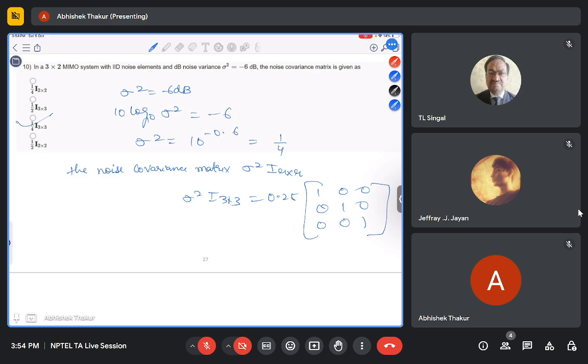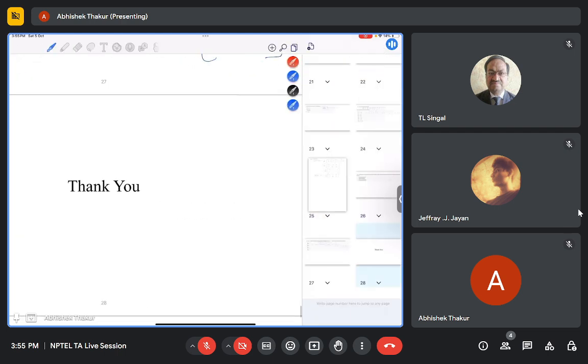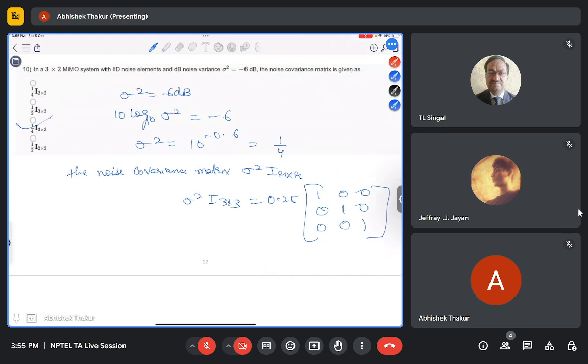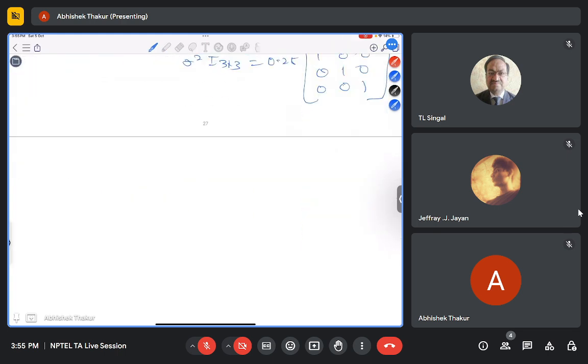Now let's take a special case of the MIMO system. Now what is spatial multiplexing? There are two questions based on this, so let me explain.